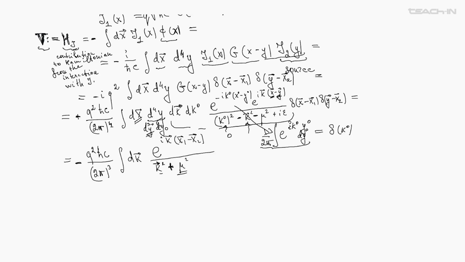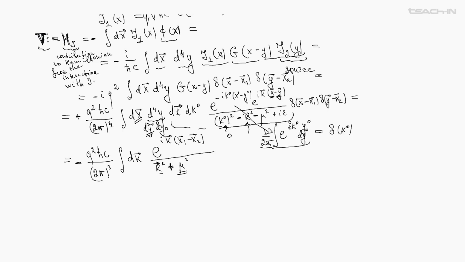But as we see, this integral has no problem now because of the special kinematic configuration where k0 is 0. This remaining integral has no problems on the real line, on real values of k squared, and therefore we can just remove i epsilon. And so we are left with this integral.